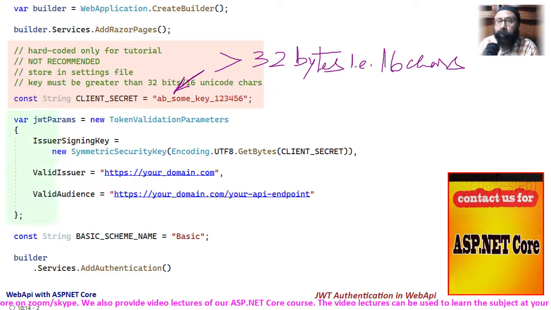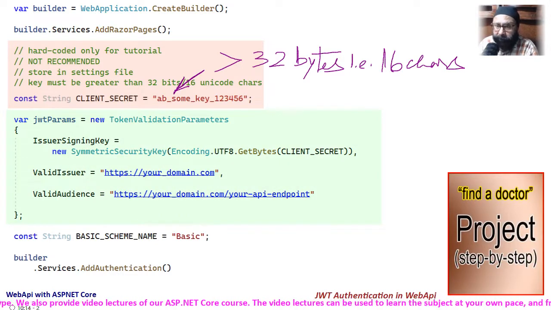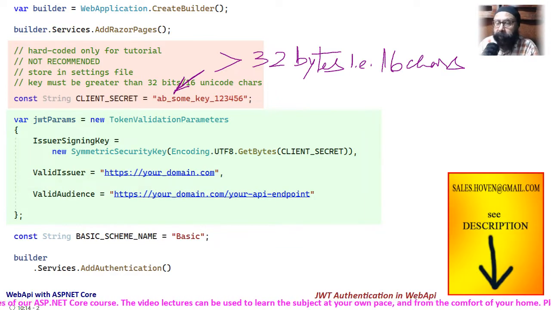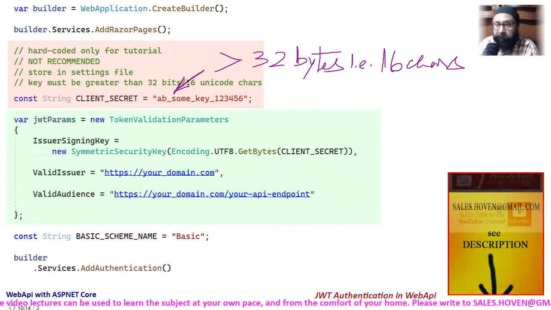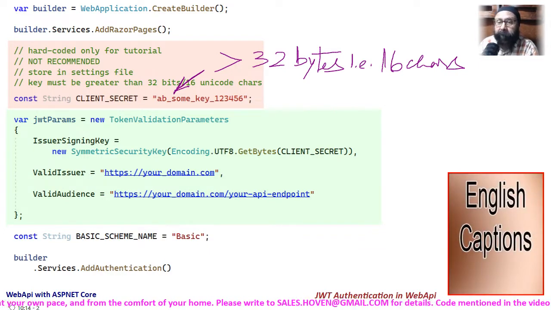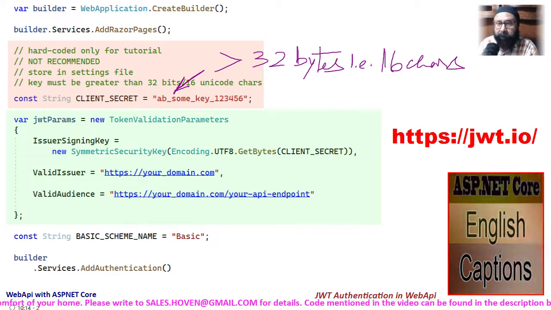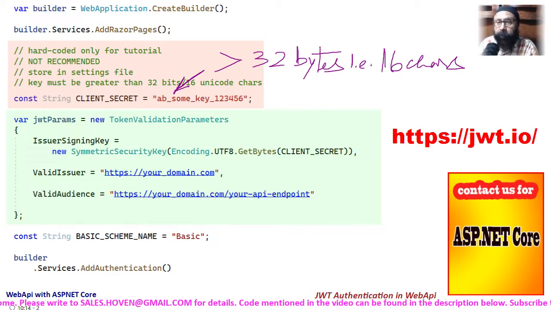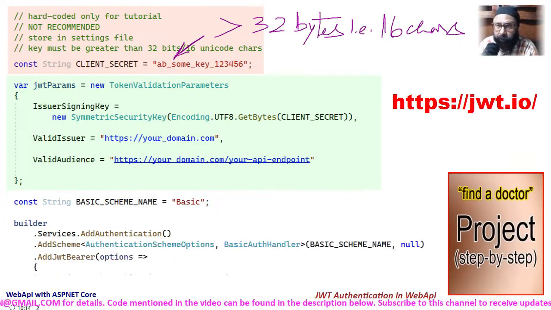After that, token validation parameters are created. Client secret is used to construct a signing key. The issuer is set to your API website and the audience is set to your web API endpoint. These are not hard and fast rules, but I suggest that you may please refer to the JWT website jwt.io for finer details because that would be beyond the scope of this tutorial.